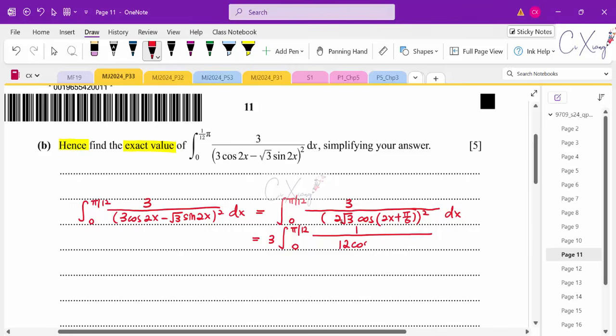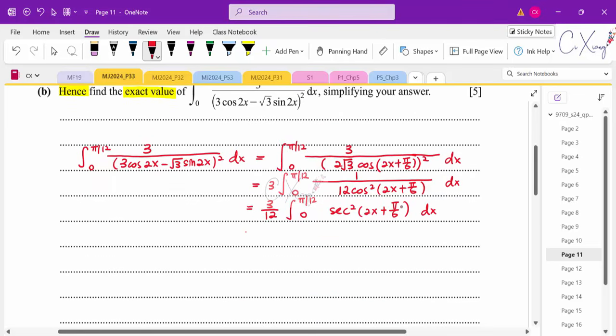Then I will have cos square of 2x plus pi over 6 after I expand the square. Then I will take out the 12, it is constant. 1 over cos square, I'm having secant square, right? So I make it become secant square. So why do I change it to secant square? It is because it's easier for me to integrate later, because I know how to integrate secant square directly.